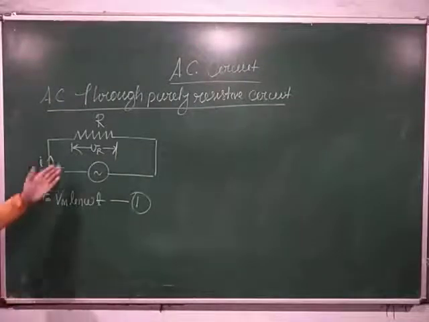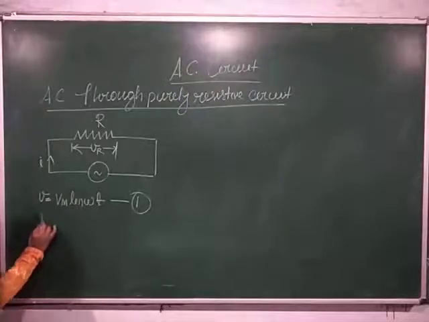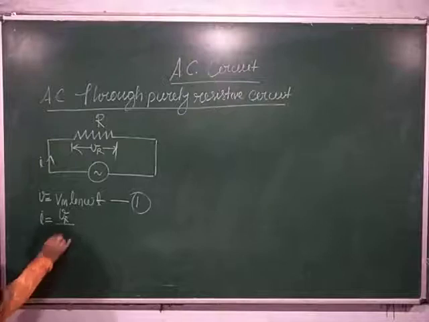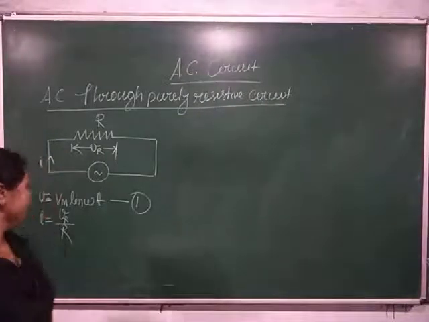So how much current is flowing through this resistor? The current flowing through the resistor is the voltage drop across the resistor divided by its resistance. This one is given by Ohm's law.